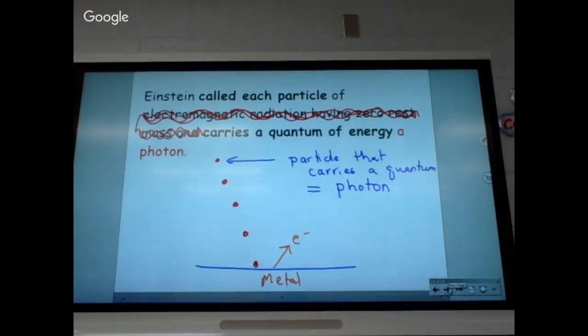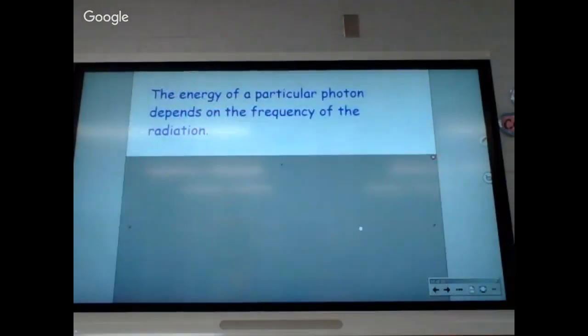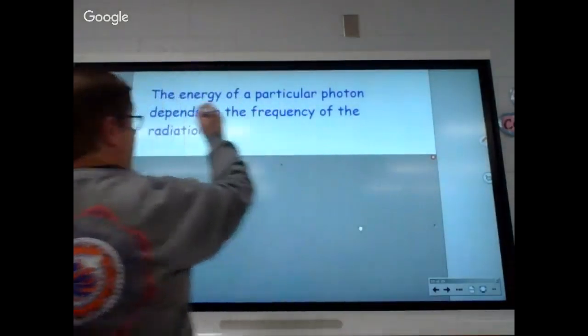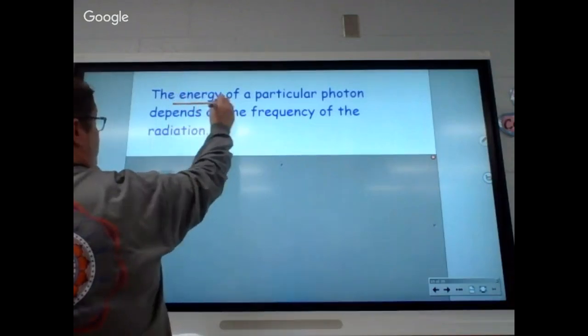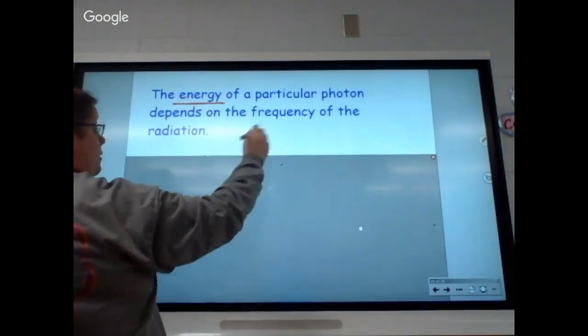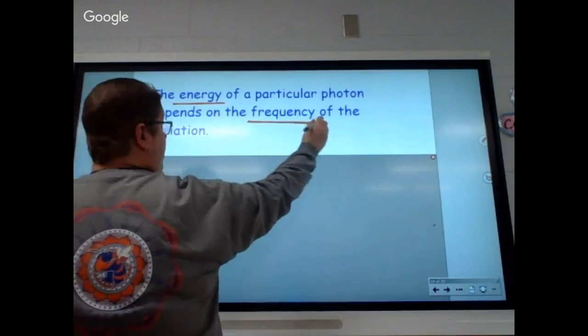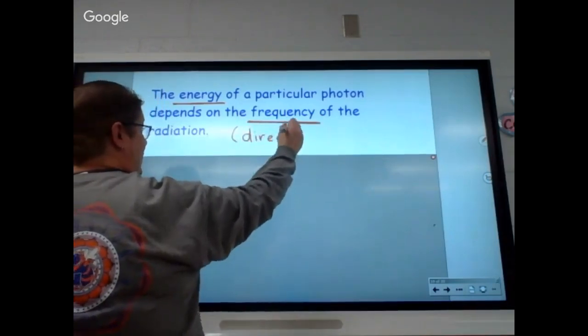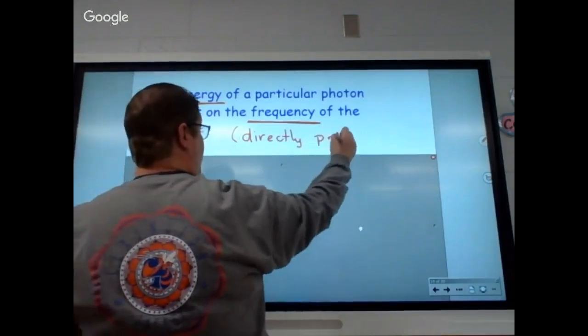Now, the next slide is what Nylasia just asked: what's required in order for this to be successful. You gotta have enough energy or frequency, because remember, these are directly proportional.